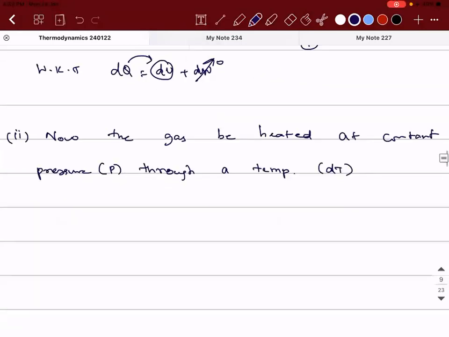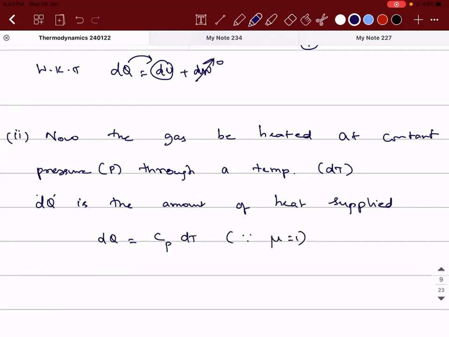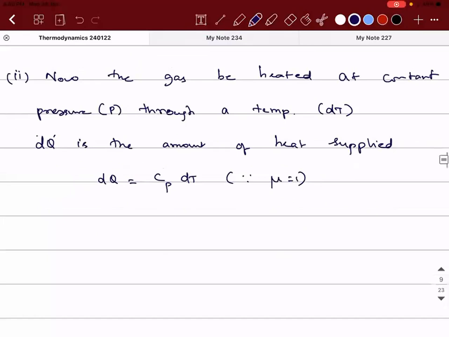Now in this case, what is going to happen? If dq is the amount of heat supplied, then I can write dq equals Cp into dT, since mu is equal to 1. I will call this equation number 2.